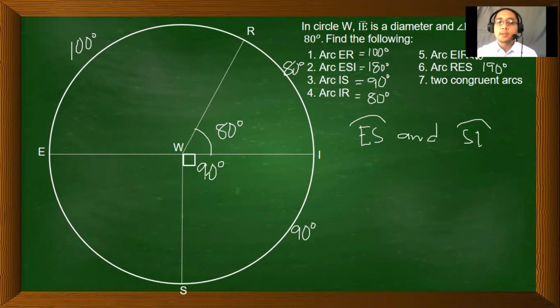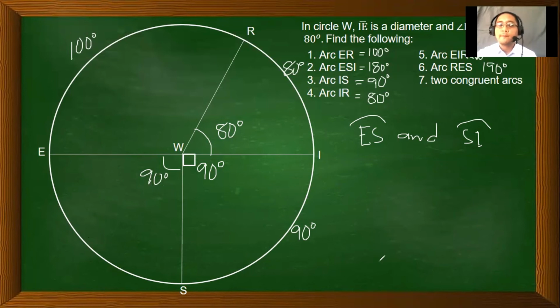All you need to do is present the measurement of angle EWS, which is 90 degrees. Now, applying the central angle theorem, the intercepted arc and central angle are congruent. If they are congruent in angle, then they are also congruent in their intercepted arcs. So that's it for this problem.